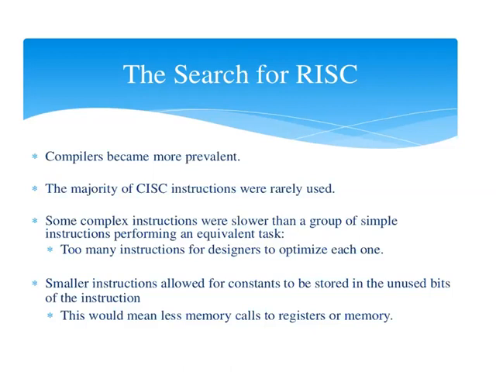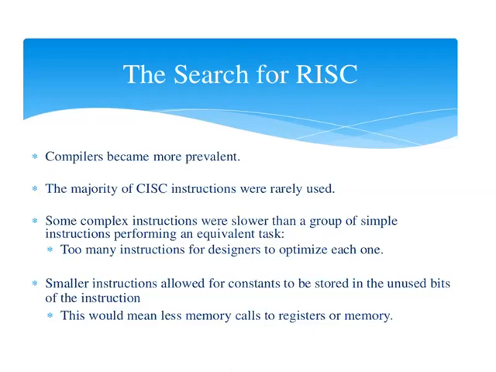It has been observed that in RISC simple instructions will be there, but using these simple instructions they perform the same task in the same time as those complex instructions. In the comparison between complex instructions and simple instructions, simple instructions are performing very well. So why should we go for the complex instructions? That's why the search for RISC continued, and smaller instructions allowed constants to be stored in the unused bits of the instructions.